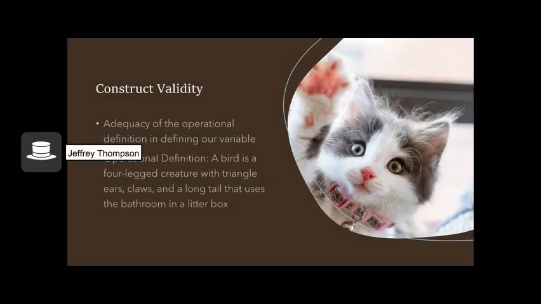We talked about construct validity before, but I just want to review it. It is the adequacy of your operational definition. So if I say that birds are four-legged creatures with triangle ears, claws, and a long tail that use the bathroom in a litter box, this is a bird because that is my operational definition. Now, is it a confusing definition?